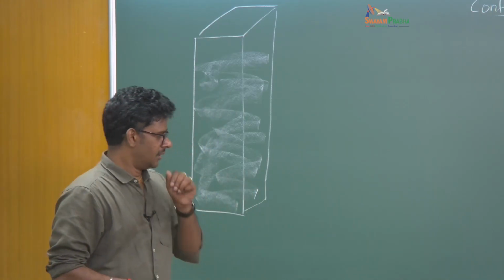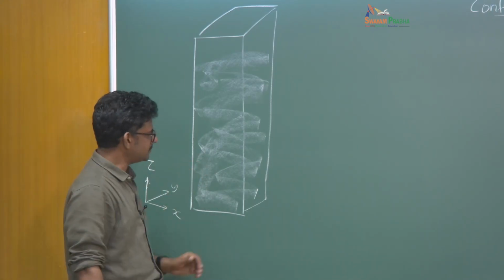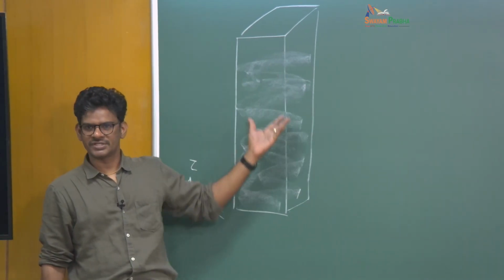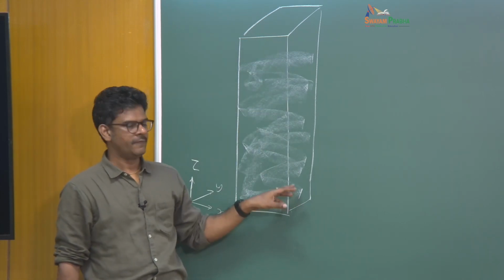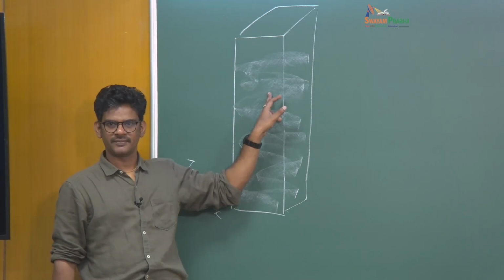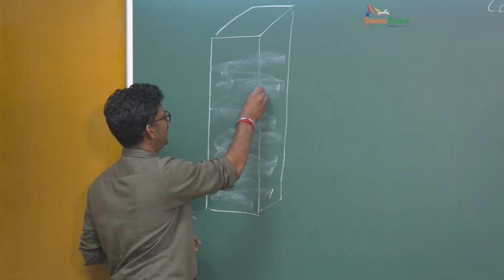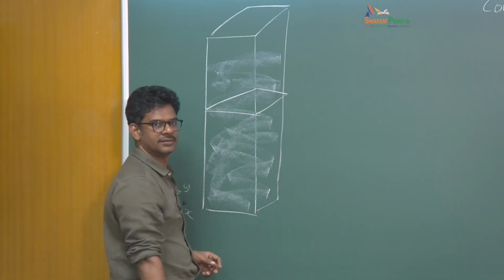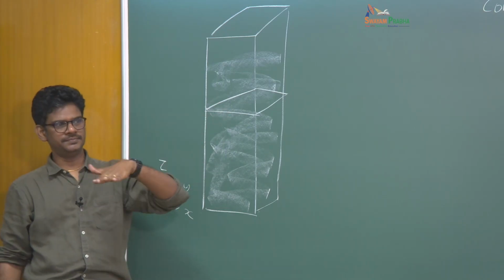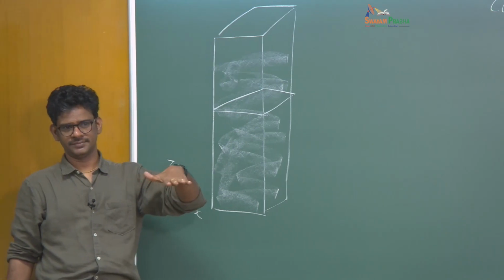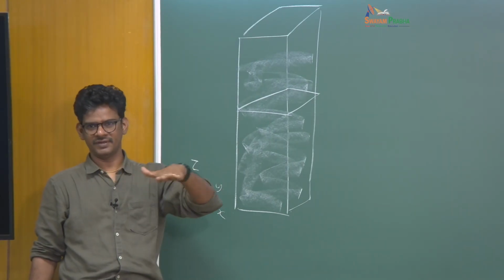Obviously it's a three-dimensional problem, but the gravitational effect is going to be only in the z direction. If I take any particular plane here, the xy plane, in the lateral xy plane it's a free diffusion. There is no gravity in the given xy plane.